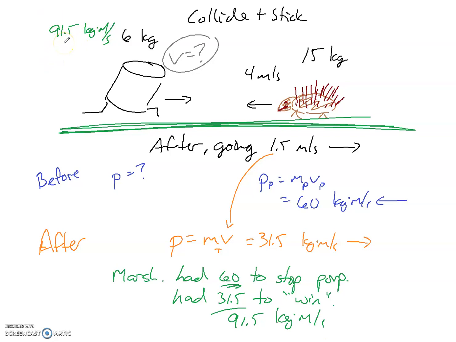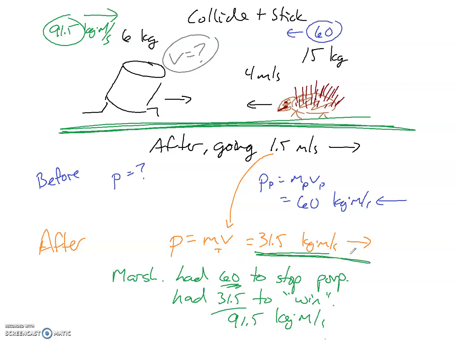Marshmallow came in with 91.5. I found out before that my porcupine came in with 60. Porcupine came in with 60 this way, marshmallow came in with 91.5 that way. Since they're going in opposite directions, you would subtract the two, and the total momentum for those would be 31.5 to the right, which is exactly what we had down there.